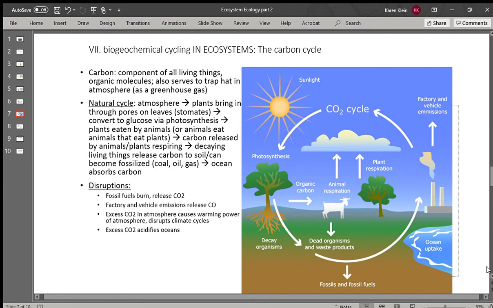So as far as a biogeochemical cycle is concerned, there is carbon in the atmosphere in gaseous form as carbon dioxide. And how this gets into something that is living, the air being non-living, is through the process of photosynthesis. That's pretty cool.